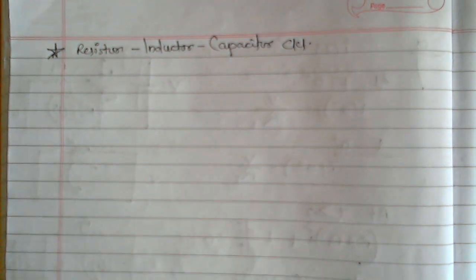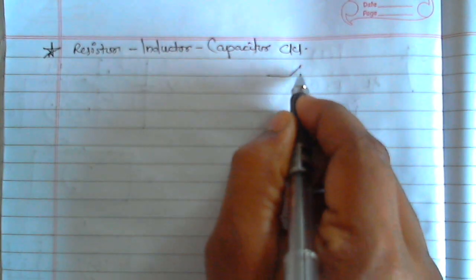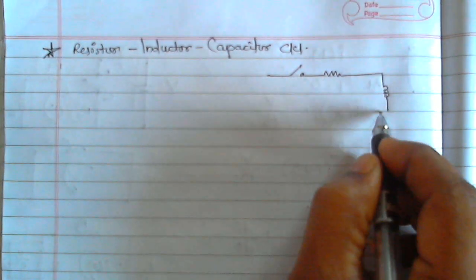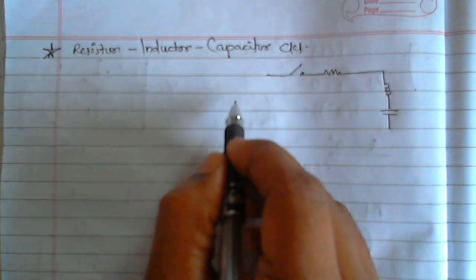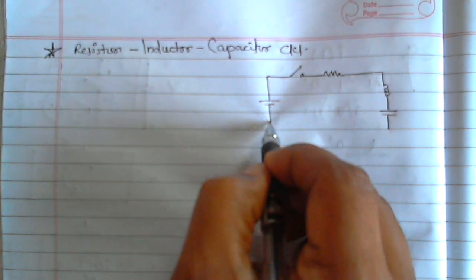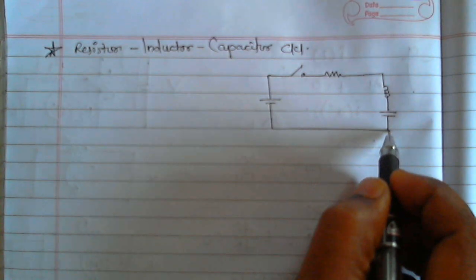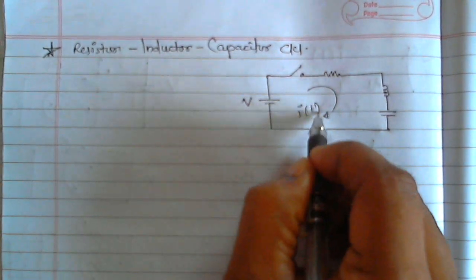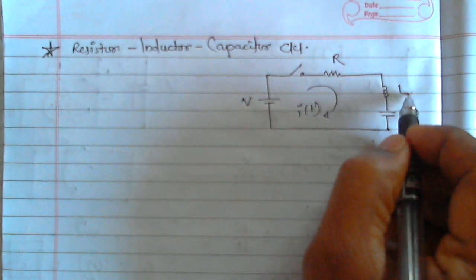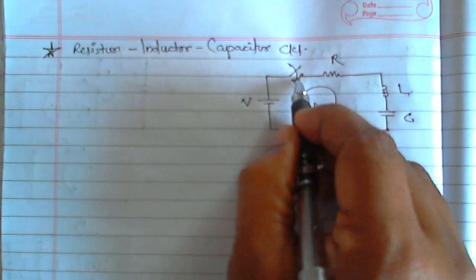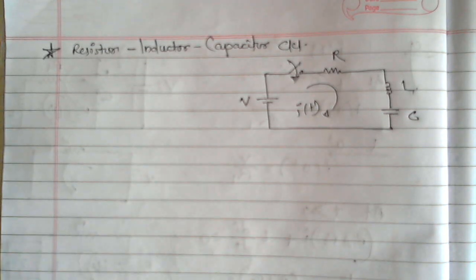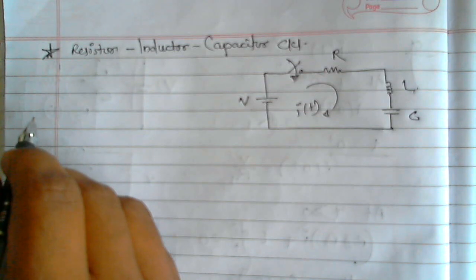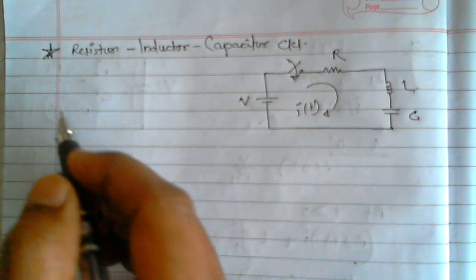The circuit is like this: there is one resistor, one inductor, one capacitor, with a voltage source V, and R, L, C. This is the circuit. First of all, for t greater than 0, we have to draw the transform network.